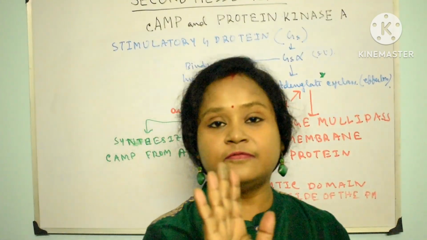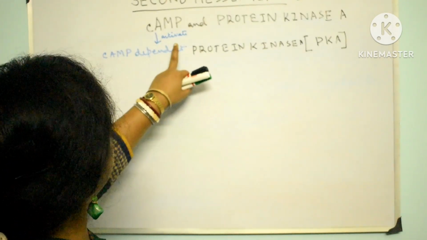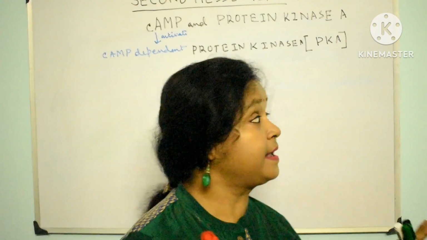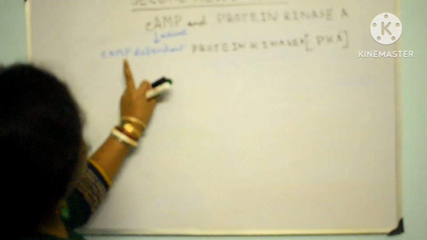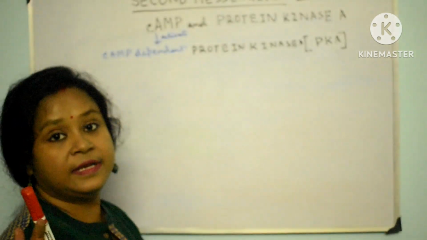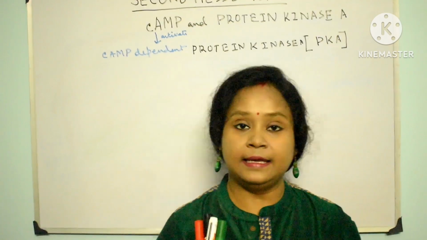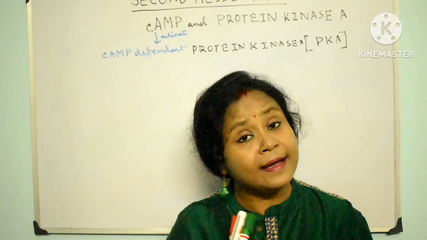What is the first step? cAMP is activated from adenylate cyclase, and the first step of activated cAMP is that it activates cAMP dependent protein kinase A, PKA. cAMP also induces opening of certain types of ion channels in the plasma membrane of some highly specialized cells.